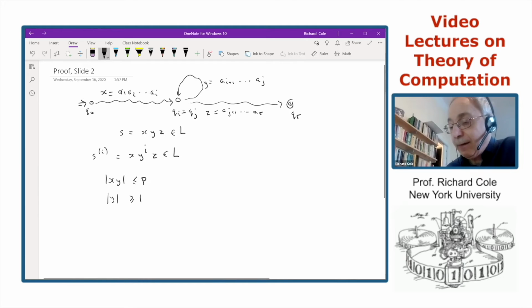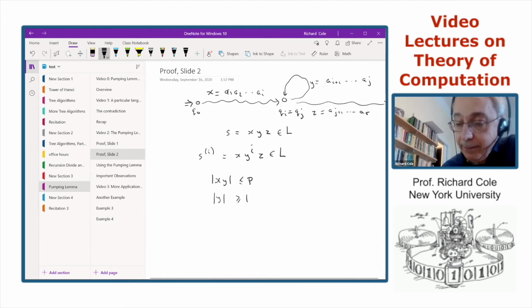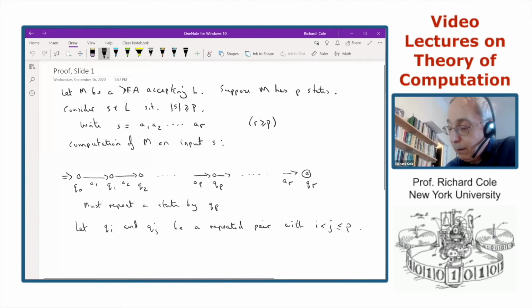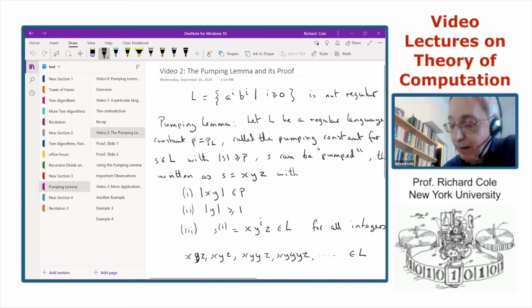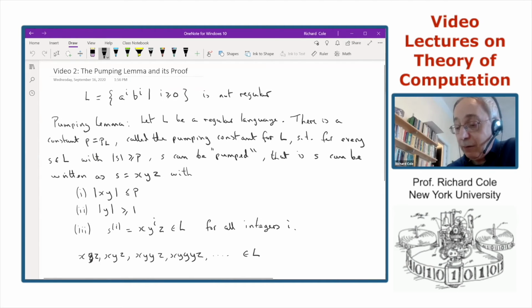Why is that? Well, again, let's go back to the previous slide. We have that i is less than j. And so in going from Qi to Qj, we read one or more characters. And those are the characters that make up Y, and therefore Y has length at least 1. So now, going back one more slide to see the statement of the lemma, we have shown these three properties.